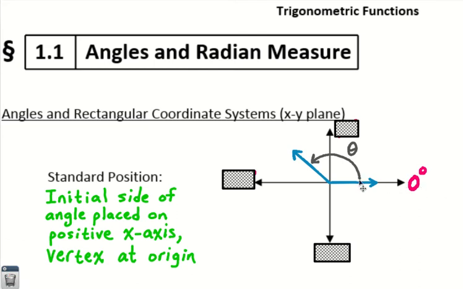And if an angle opened up from this spot to there, the y-axis right here, how many degrees is that? Do you know? It's 90 degrees.